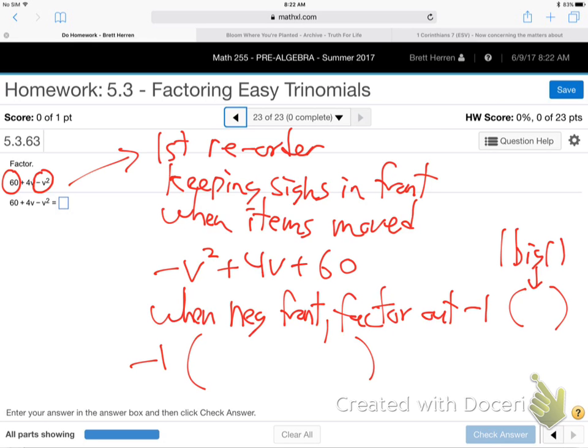It's kind of like taking out a greatest common factor, taking out a minus 1, though. What's that going to do on the inside? Well, just do whatever works.